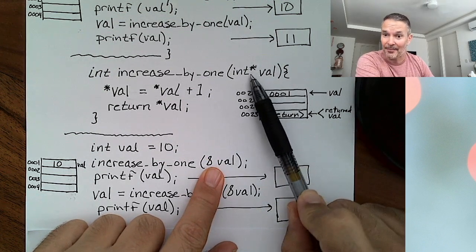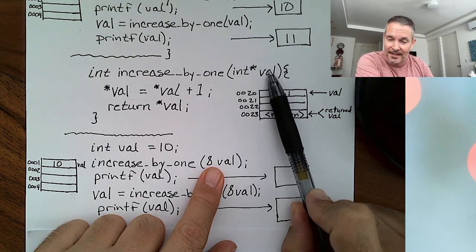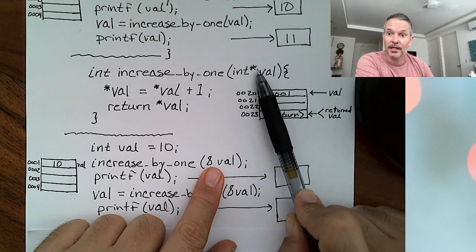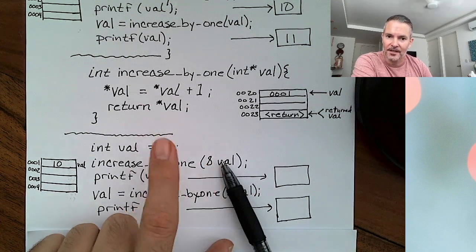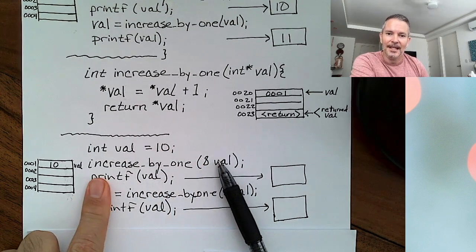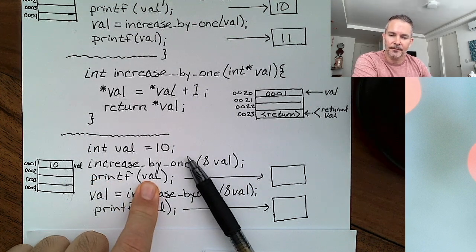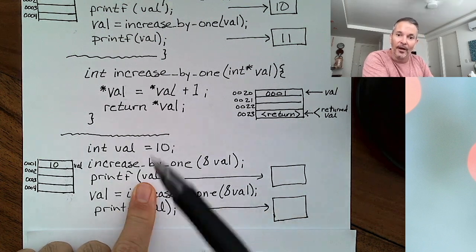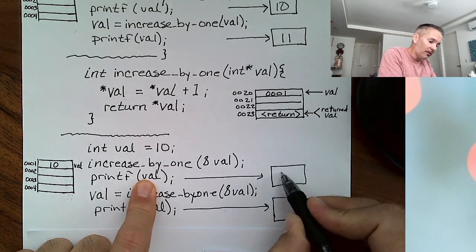It requires that I pass in an address. It's not asking me to pass in an integer value. It's asking me to pass in a pointer, an address to an integer value. So I get the address of this local variable and pass it in. Now, if I were to call printf after calling increase by 1, the actual memory referred to by val has been changed by the function. So I'm actually going to print out 11.